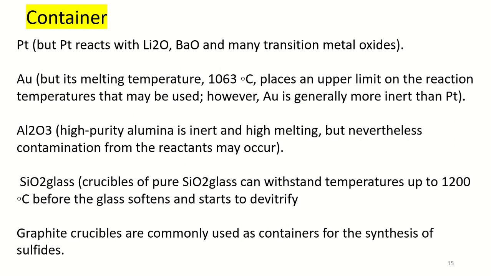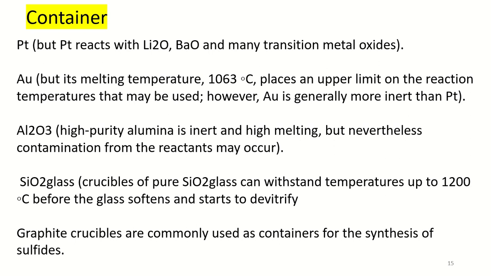The third one is aluminium oxide, Al2O3. High purity alumina is inert and high melting, but nevertheless contamination from the reactants may occur.